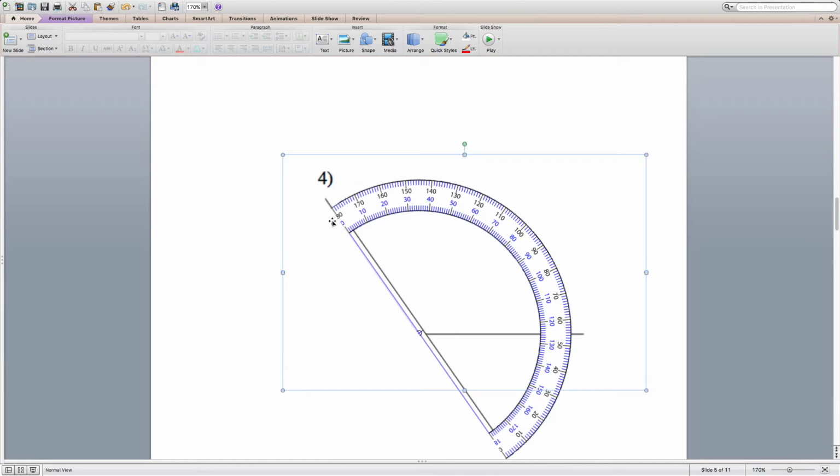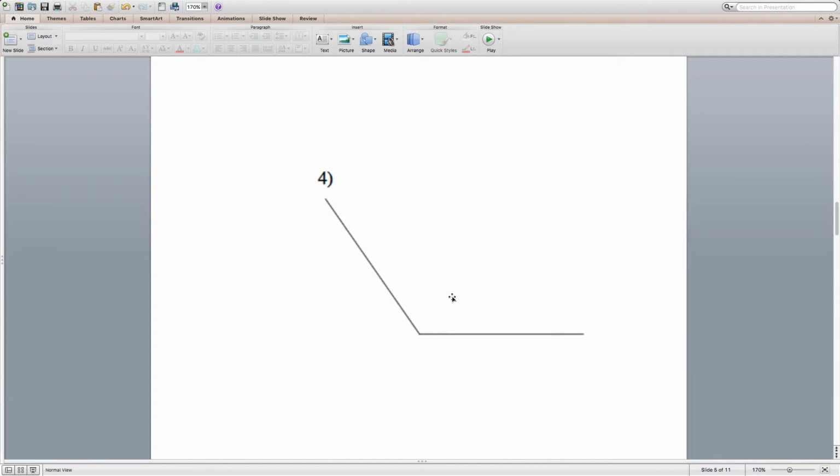Notice here it says 180, 170, 160. It's counting down, but we need to count up. If we continue to count up, again, we do indeed get 125. So you can utilize either line, just make sure you're reading it the correct way.